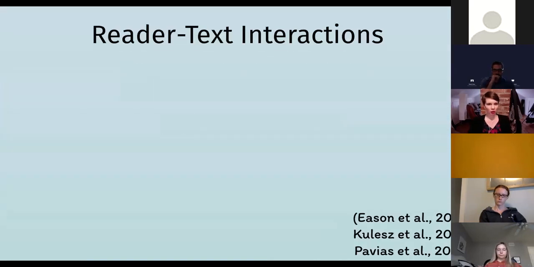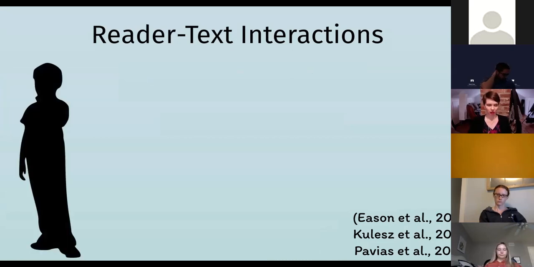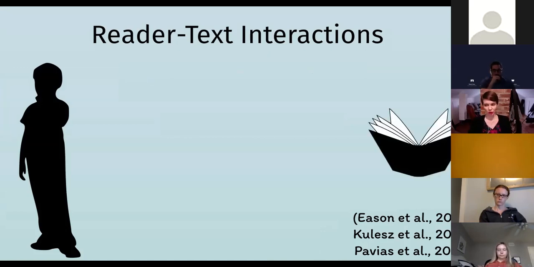So when I'm talking about reader-text interactions, what I've largely talked about here are the reader characteristics. So what are their oral language abilities? What are their nonverbal cognitive abilities? What is their social communication? But in truth, the text also has a lot of different characteristics.